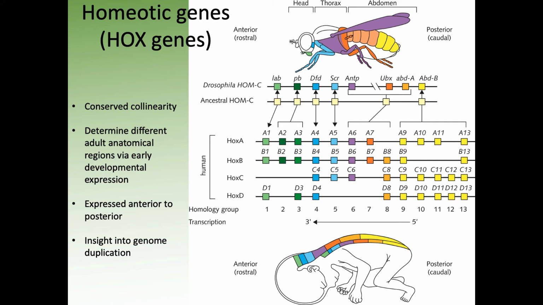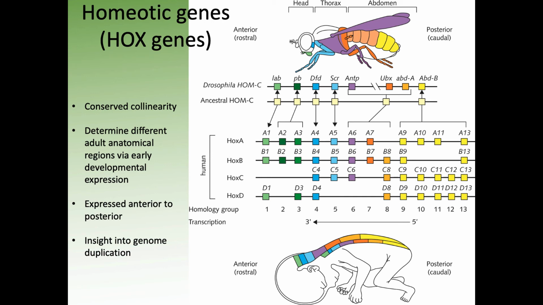In addition to giving us information on the correct placement of organisms so we can do the right types of comparisons, there are other things that we can use comparative genomics for. One of the classic cases is in looking at Hox genes, which are genes that are really important in early development.